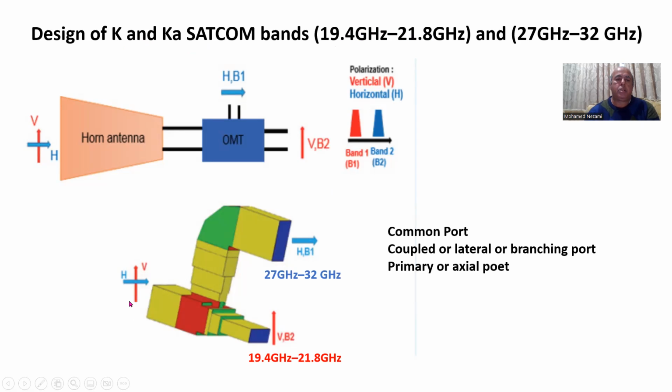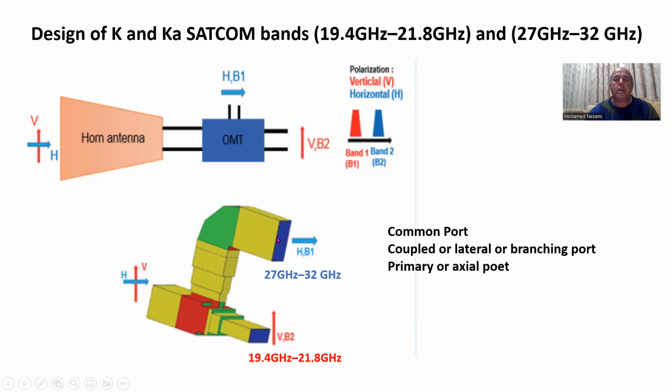Like you can see here, we've got the two signals coming in. There's a horizontal one and a vertical one, and in the structure you have the square waveguide in here where the signal gets separated into the horizontal and the vertical separately.